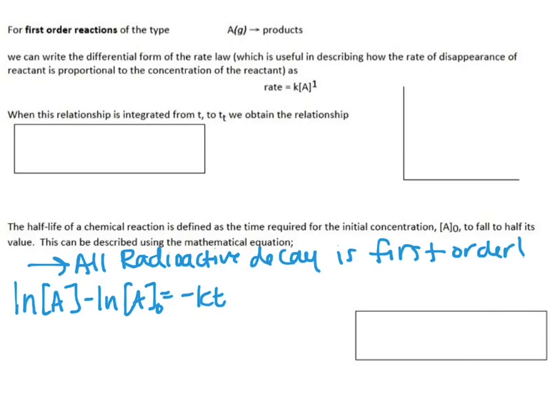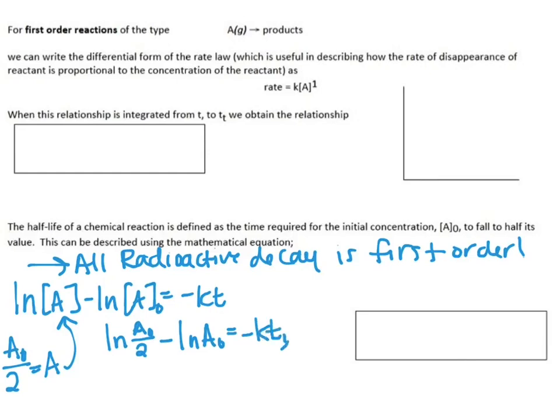Okay, so remember a while ago we did A naught over 2 is equal to A. We're going to do that again and substitute that in. So now we have ln of A naught over 2 minus ln of A naught is equal to negative kt at 1/2. When you subtract natural log from a natural log, what are you really doing?